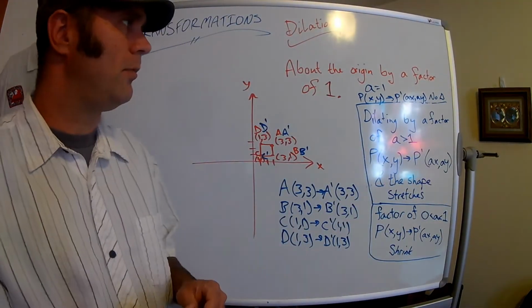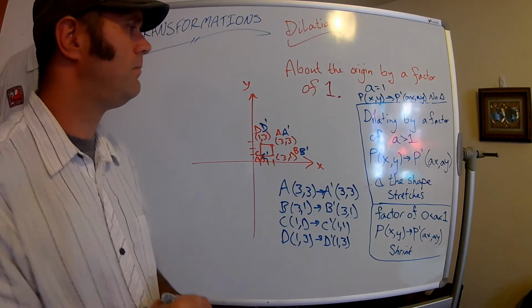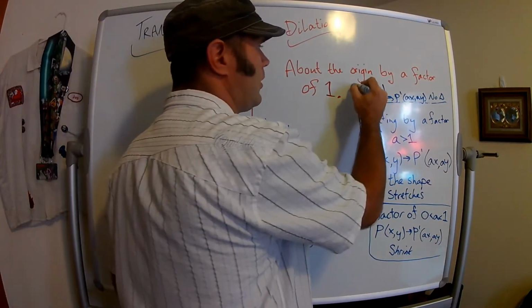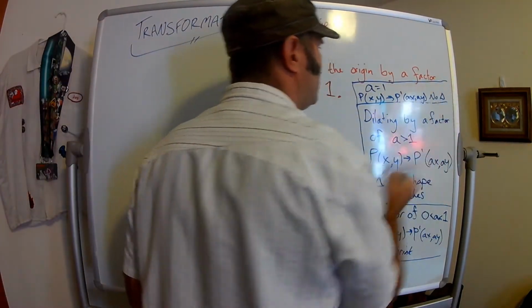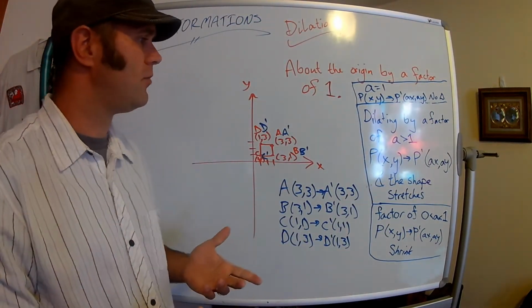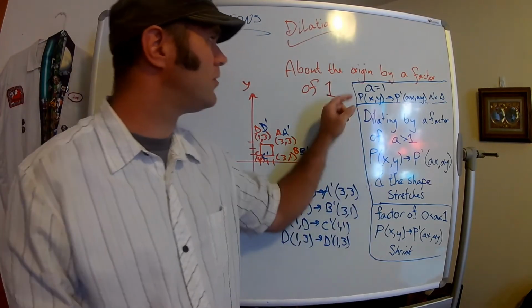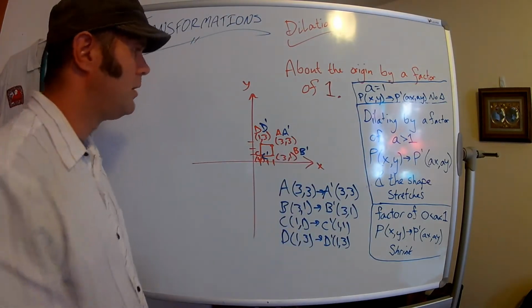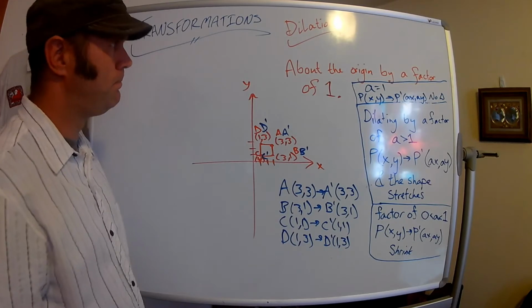Well, that's just the symbol for change. So no change at all. I know it's also the symbol for triangle, but it's also the symbol for no change. So nothing changed. It didn't stretch, it didn't shrink, it just stayed the same. So when A is 1, no change at all.